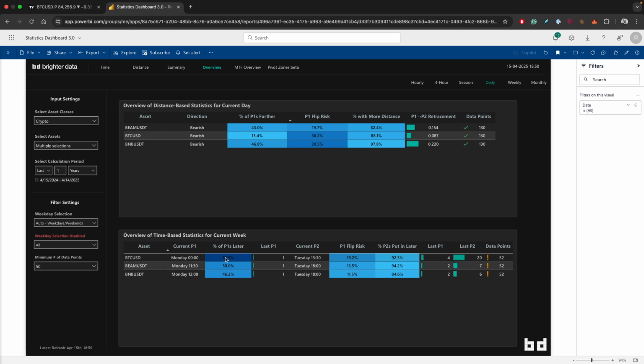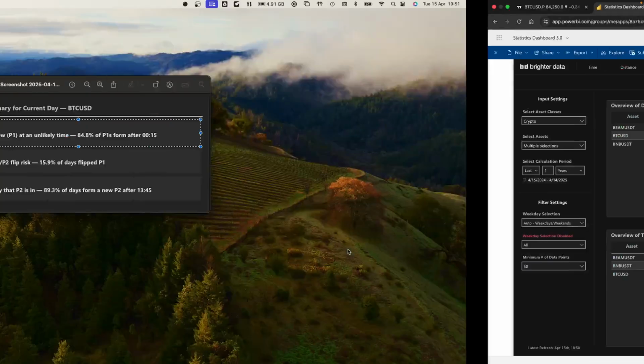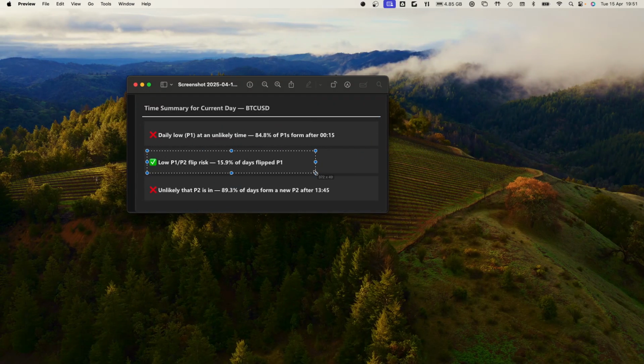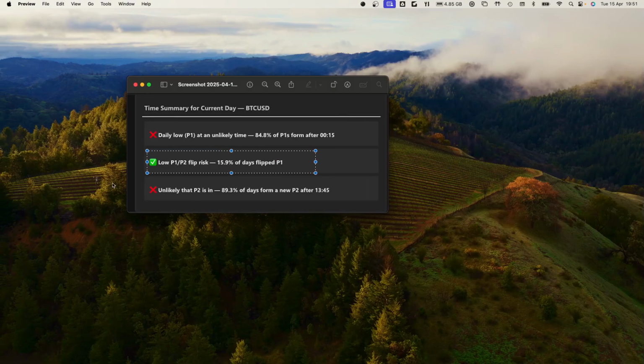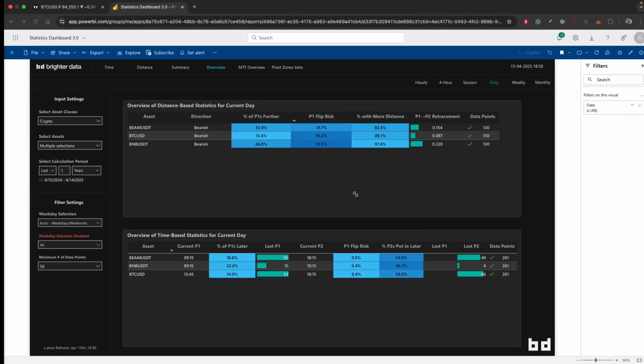It's just showing, okay, 88.5% of weeks, in this case 14.9% of days, put in a P1 later than 145. If this is high, you want to watch out for a P1, P2 flip, that's why it's there. And the other one, P1 flip risk, is this one. And the percentage of P2s put in later is this one.